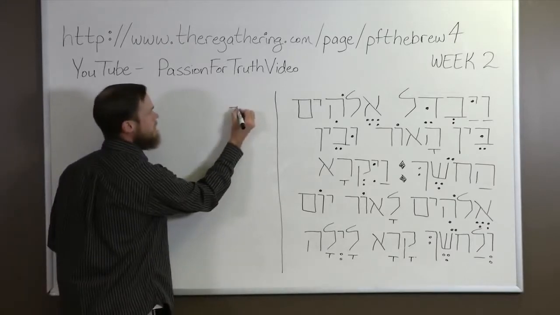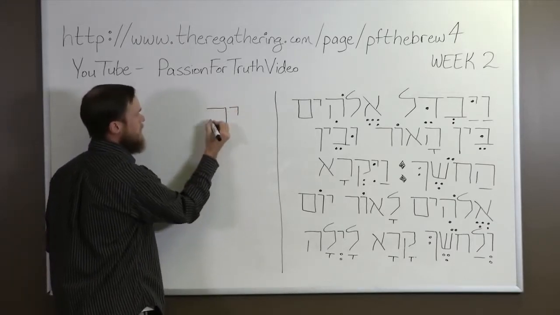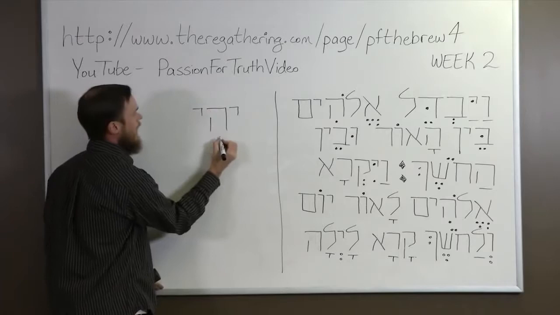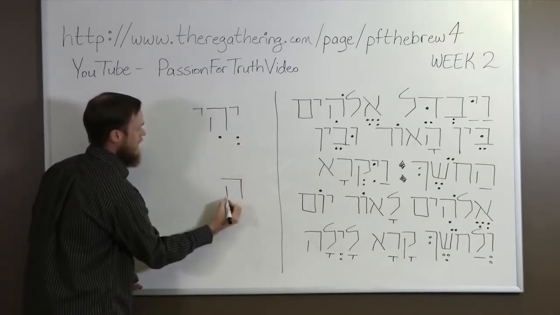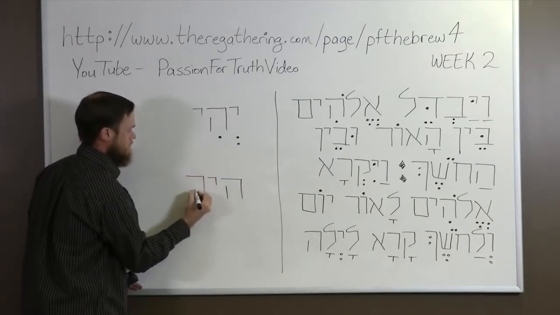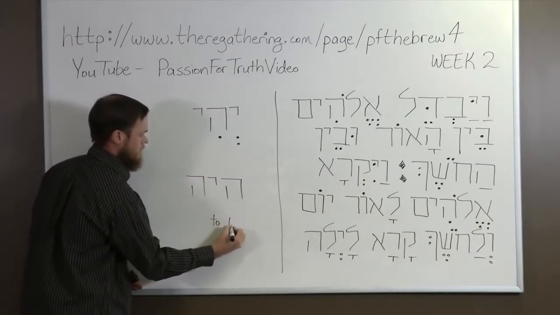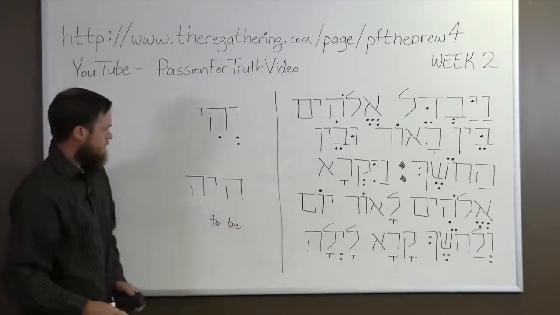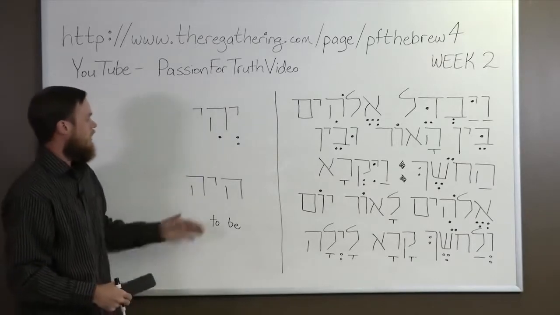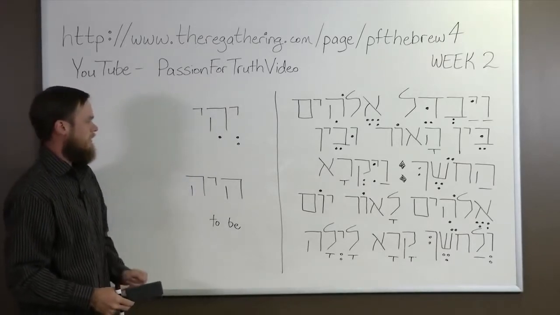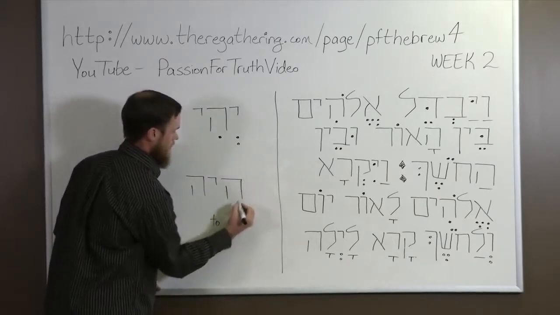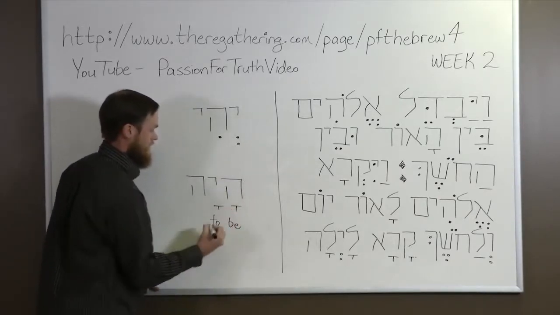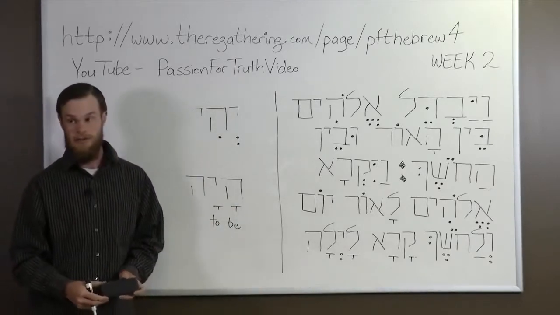Now Yehi, if you remember when I talked about the root Haya, which means to be, or rather Hey Yud Hey means to be. I mentioned that the future tense form, past tense is Haya, which means he was, third person masculine singular.